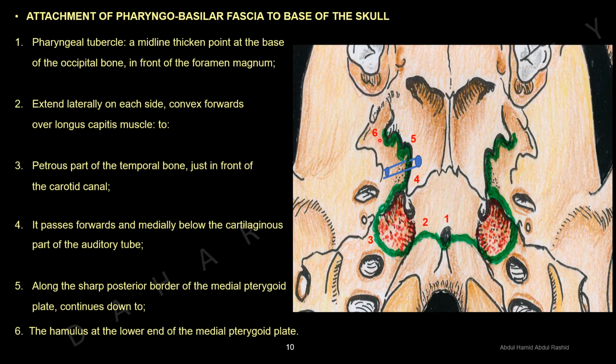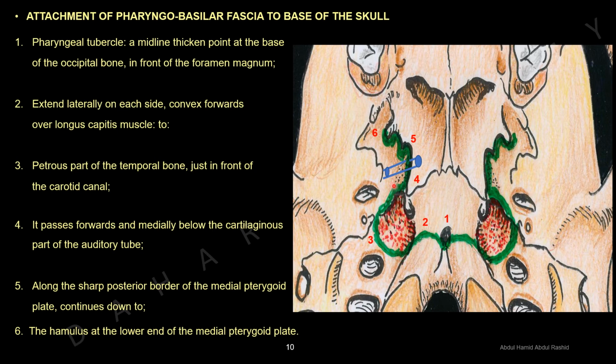So shall we start the attachments of the pharyngobasilar fascia to the base of the skull? Number one, it is attached to the pharyngeal tubercle here. Then after that, on each side it goes laterally. Number two, it crosses over the petrous part of the temporal bone. Number three, it goes forwards.